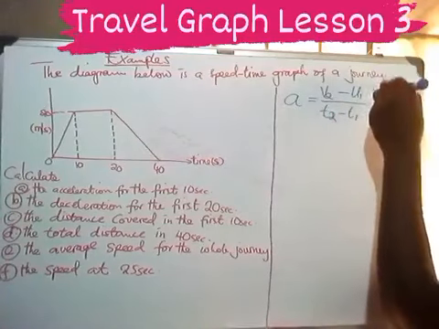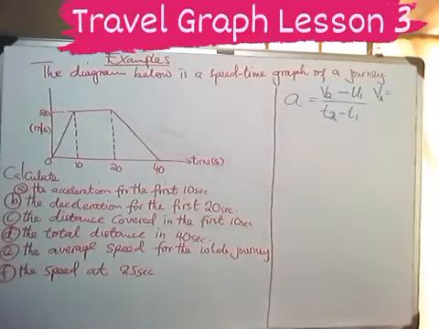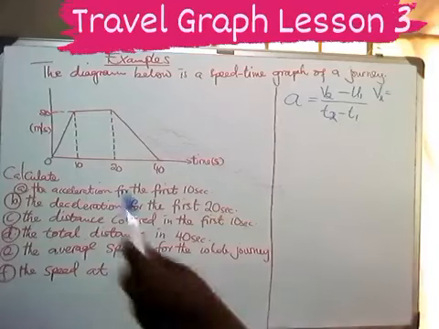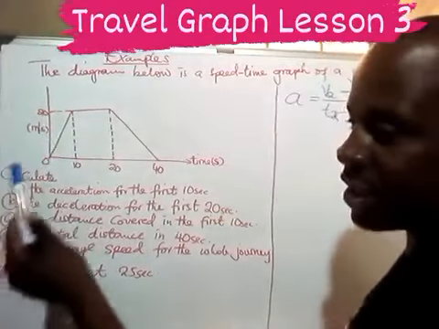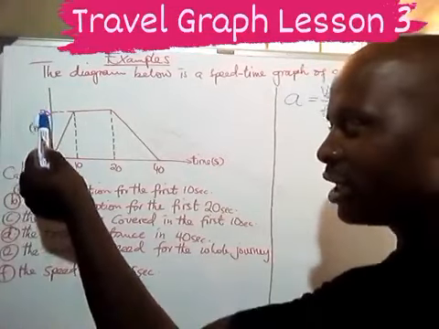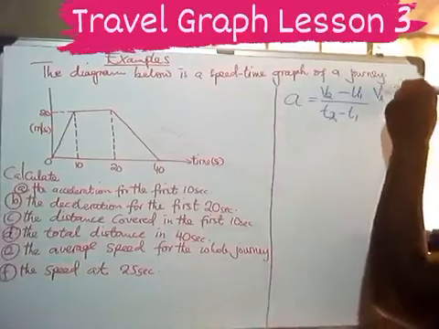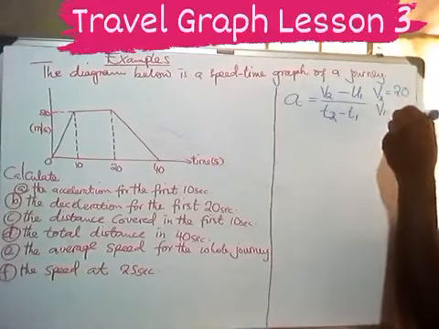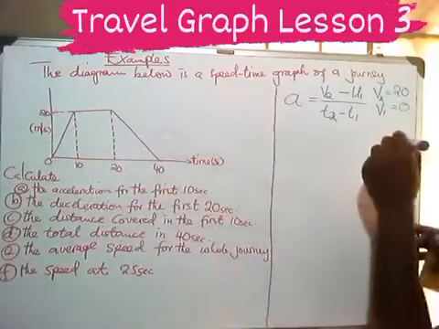Now what is our V2? Mind you, the velocity is the same as speed, meaning the y-axis is for speeds. So our V2 is 20. Then our V1 is 0 because it started from 0.